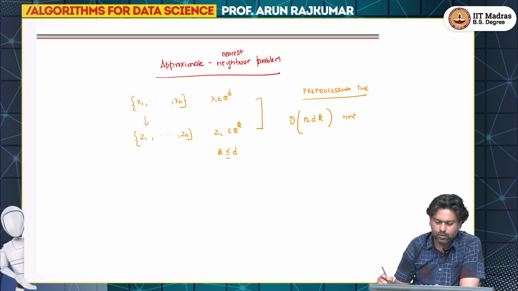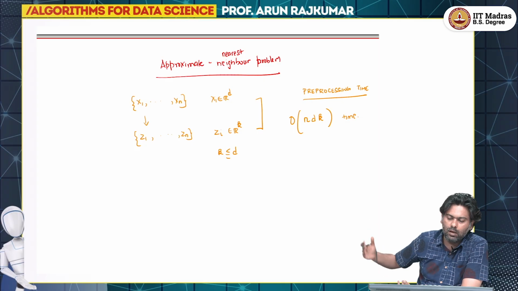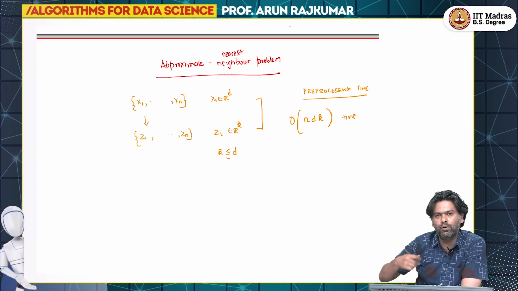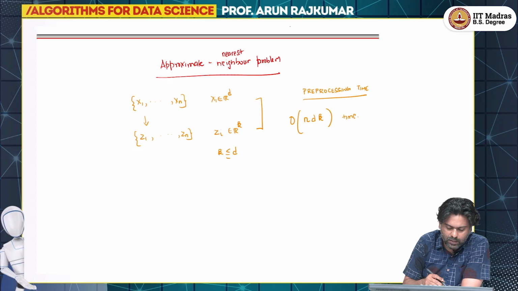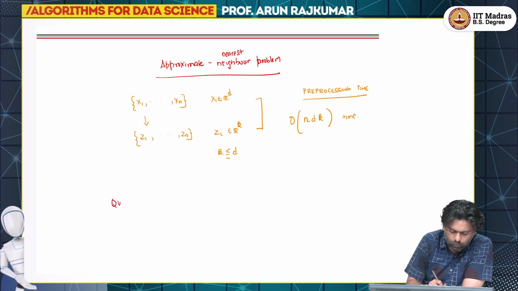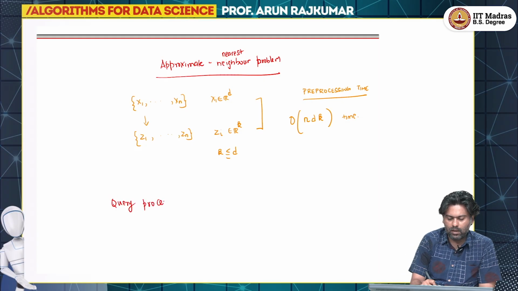So that's done, right. So now you have several new users coming into the system. For every user you need to find out the nearest neighbor. So which means that you have dynamically multiple queries. So when you have a query, let's call this the query processing time. So once you get a query, let's see what happens. What's a query? A query is just a vector in d dimension.